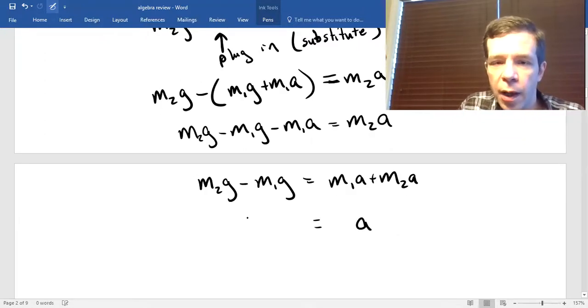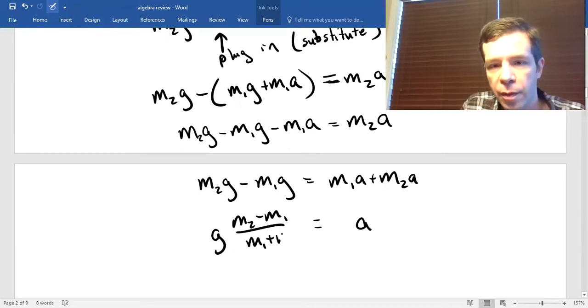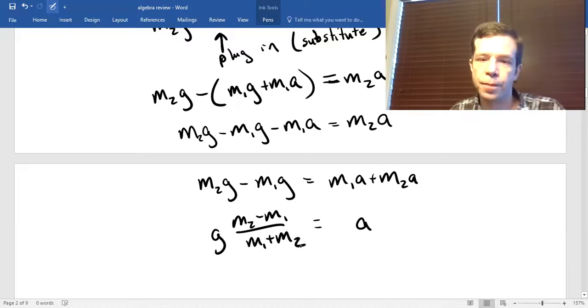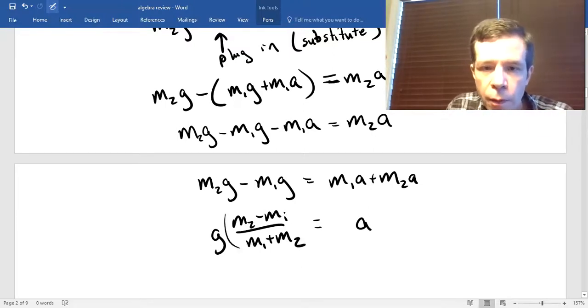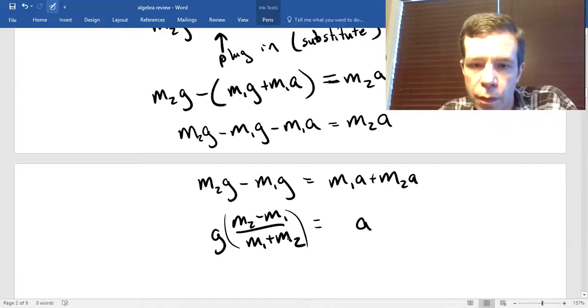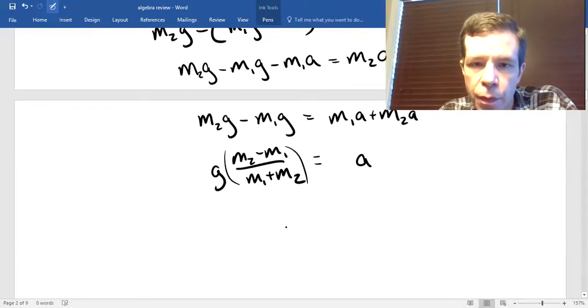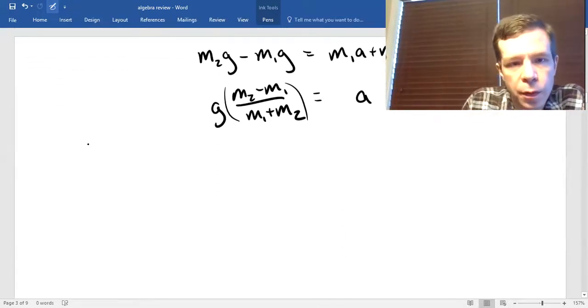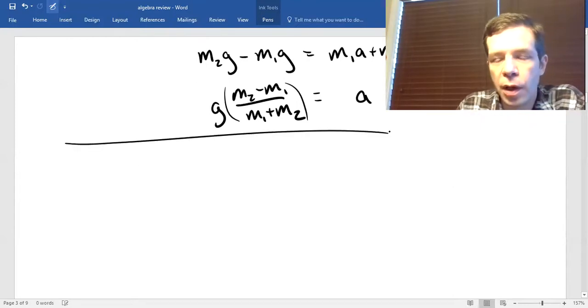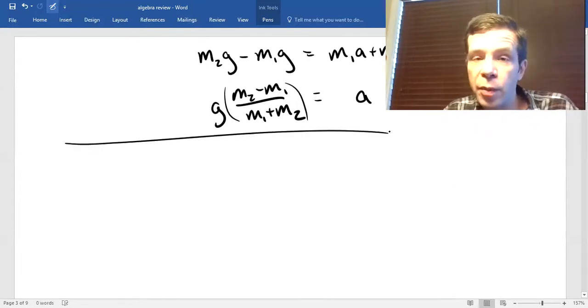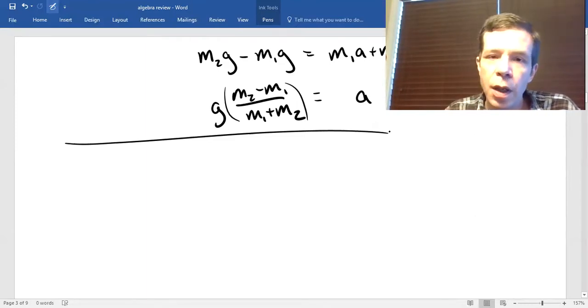We end up with A equal to g times m2 minus m1 over m1 plus m2. All right. So we have reviewed the quadratic formula and we've looked at solving by elimination and substitution.